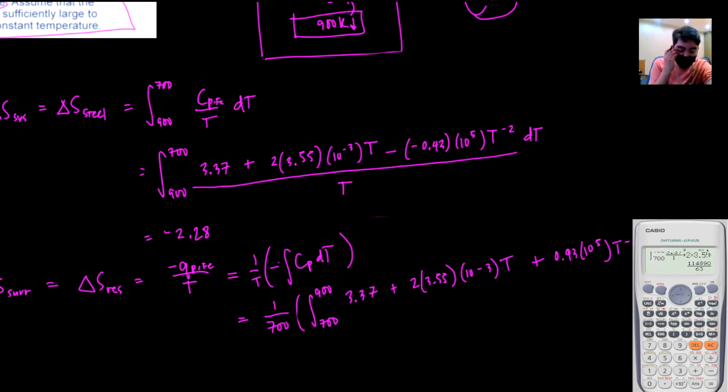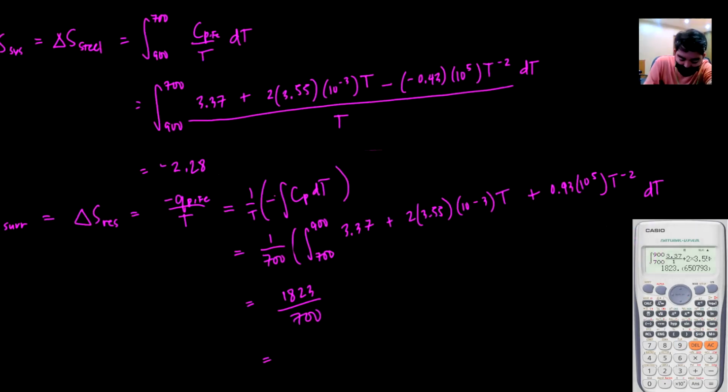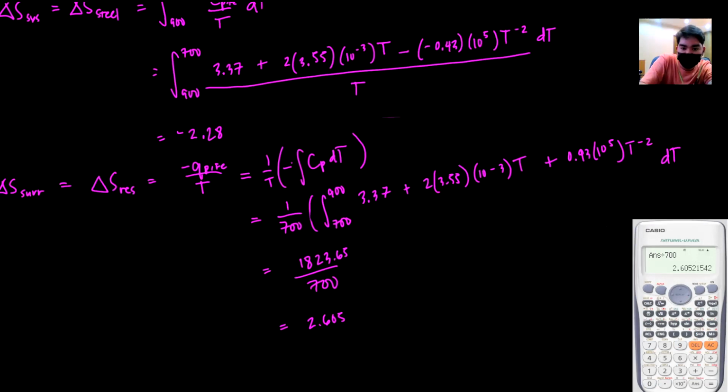Okay, so if I press equals, I should get 1823. So that's 1823.65. So let's divide that by 700. Gives me 2.605. Okay, or 2.61. And it's a positive value, no?